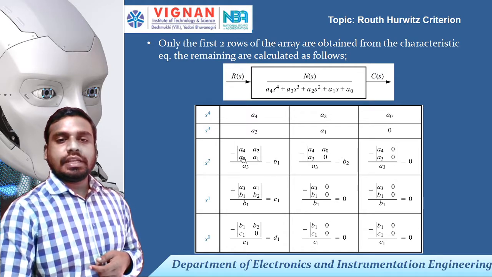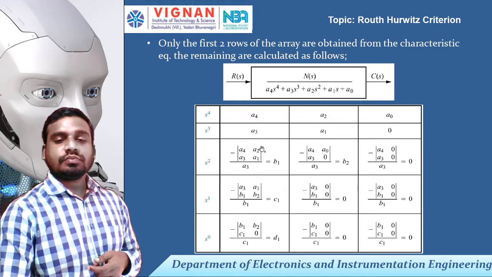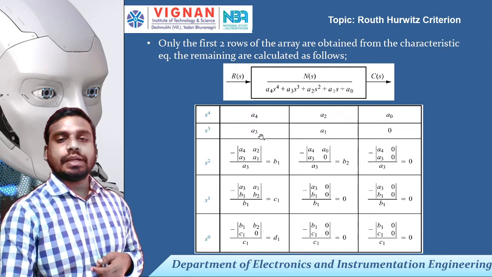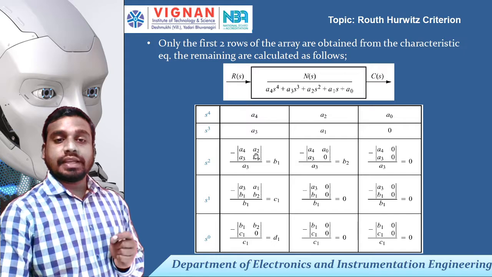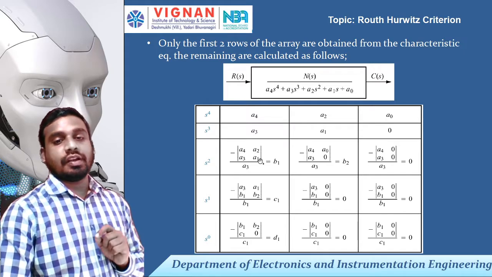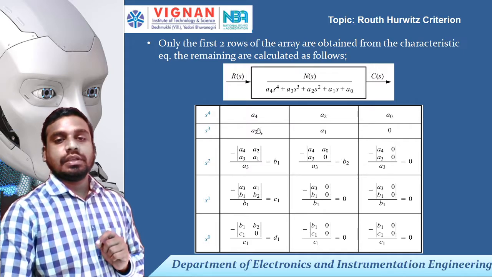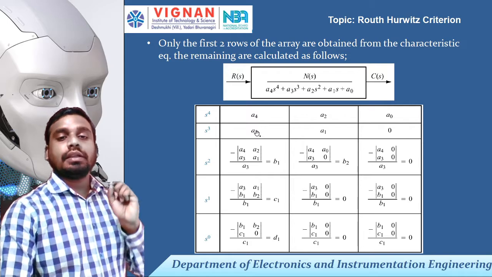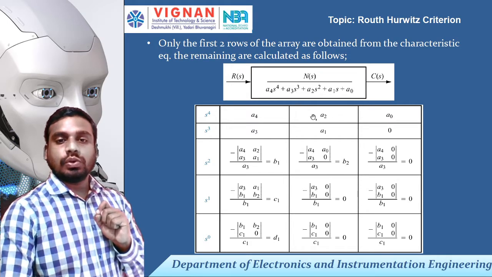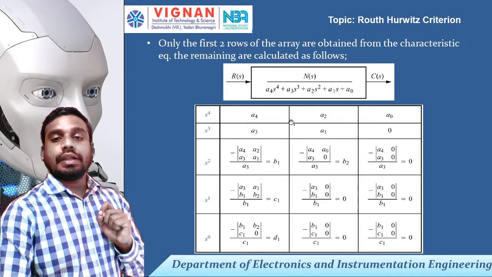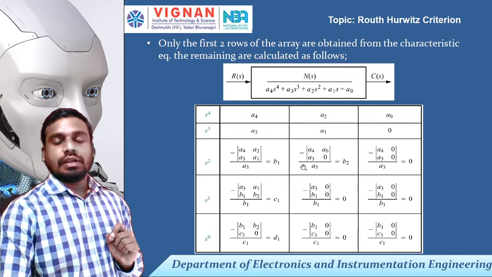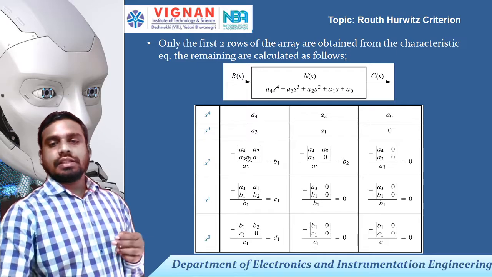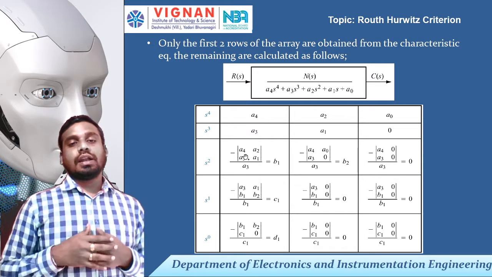The first element is A3 into A2 minus A4 into A1, divided by A3. Once again, I am repeating: A3 into A2 minus A4 into A1 divided by A3. That is how we get it, and in a similar fashion we follow the same for all other elements.